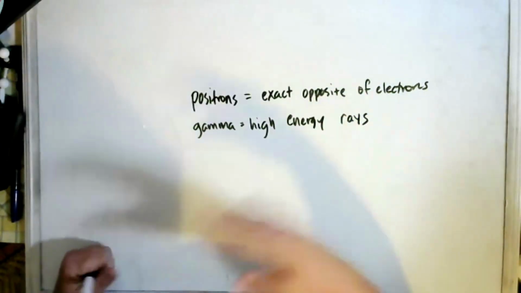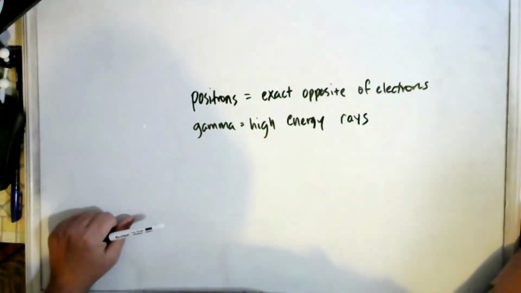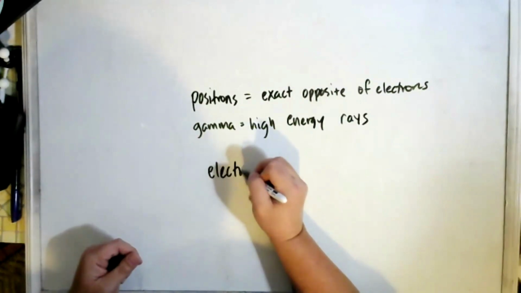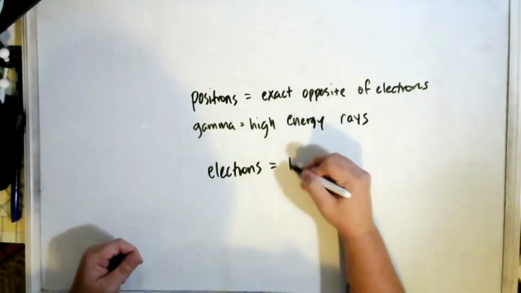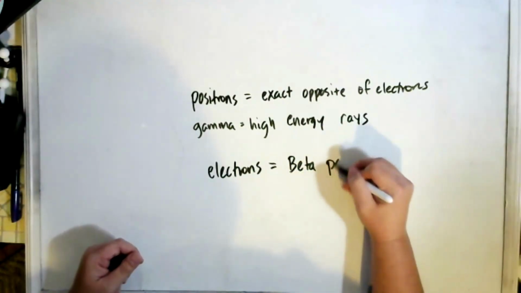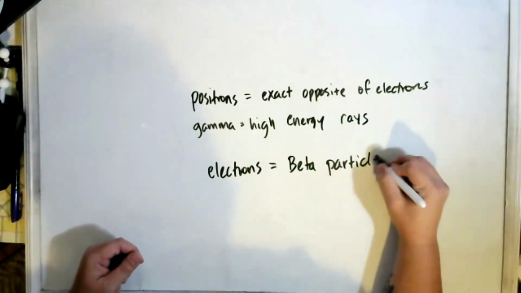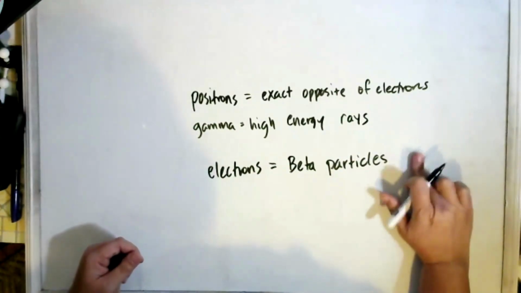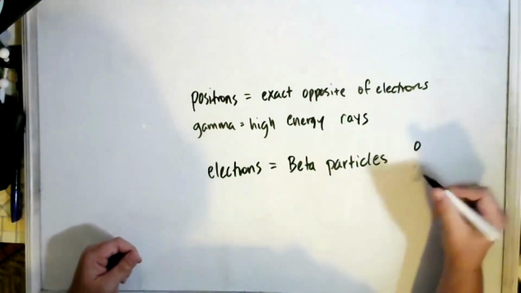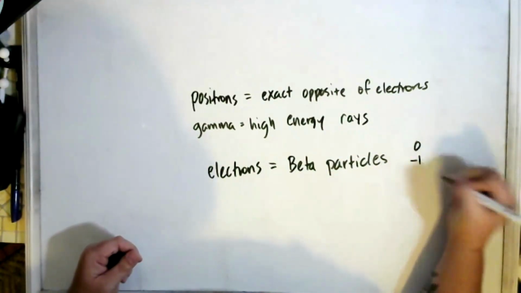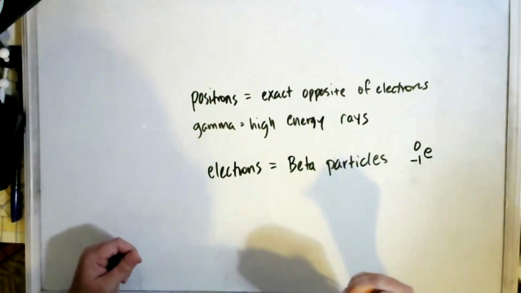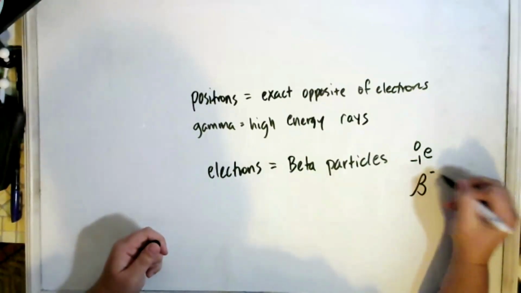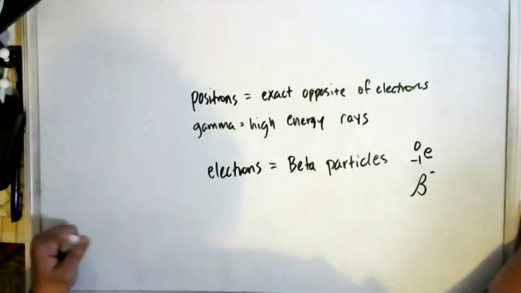And the only thing there that is going to be the same thing as a high energy electron is going to be a beta particle. And the symbol for our beta particles is a zero on the top, a -1 on the bottom, and then a little lowercase e. You can also see beta particles written as a script B and like a negative sign sometimes.